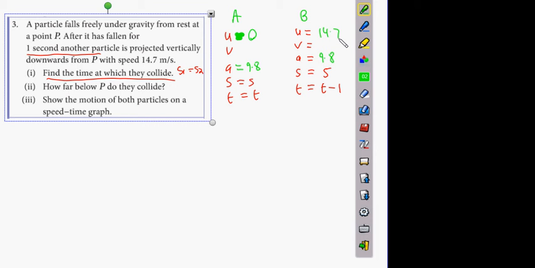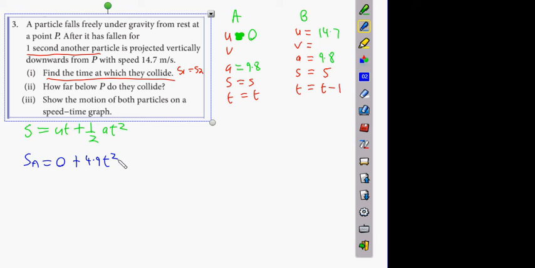So guys, what we're going to get is, for the first one, which we'll call S subscript A, 0 times T is still 0. 1/2 of 9.8 is 4.9, and it's just T squared.